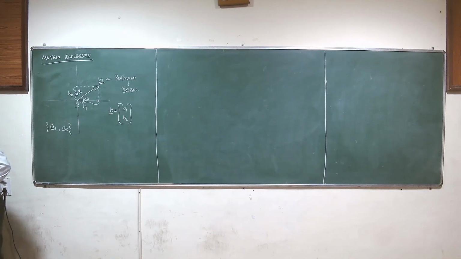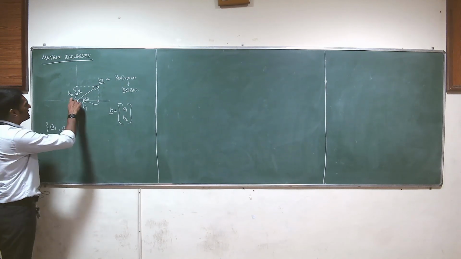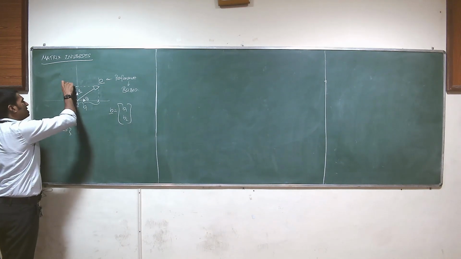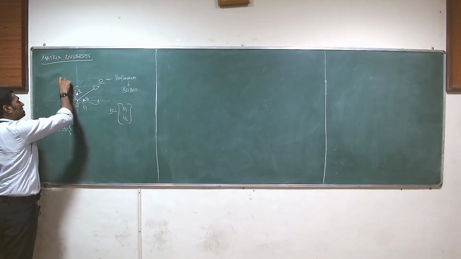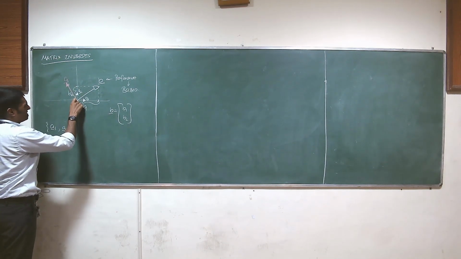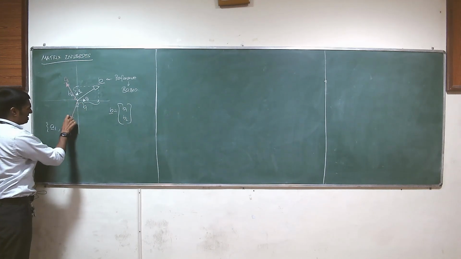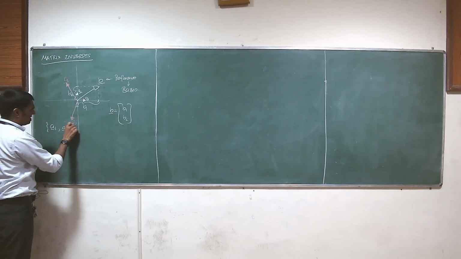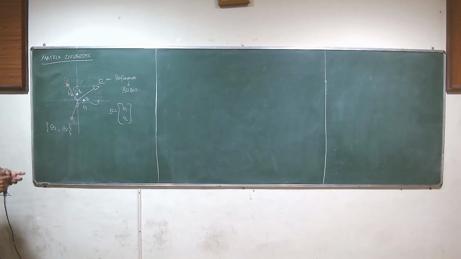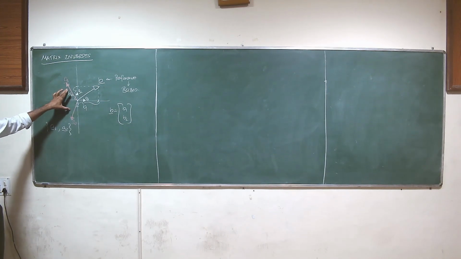Because if I chose a different basis, let's say I had, I don't know, C1 and C2. These two form a linearly independent set. Their span is R2.